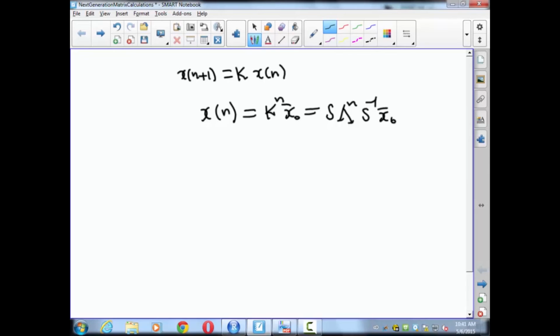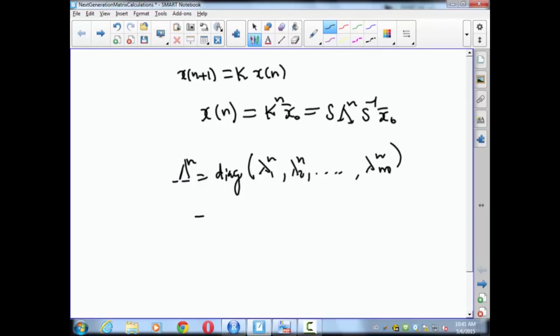The important thing is that lambda to the n is a diagonal matrix that has lambda 1 to the n, lambda 2 to the n, all the way through lambda m to the n.